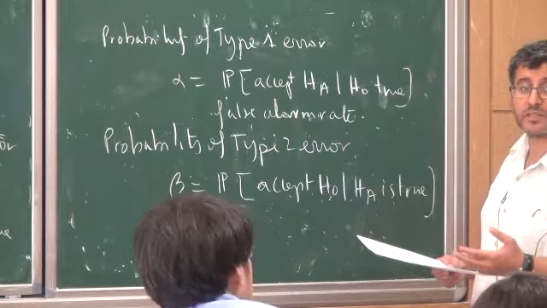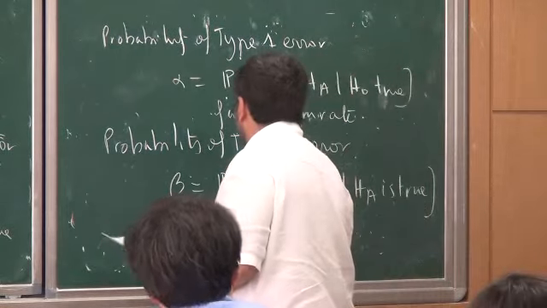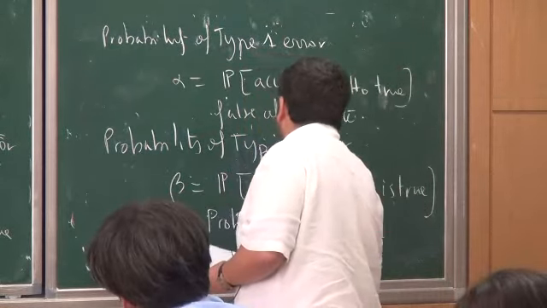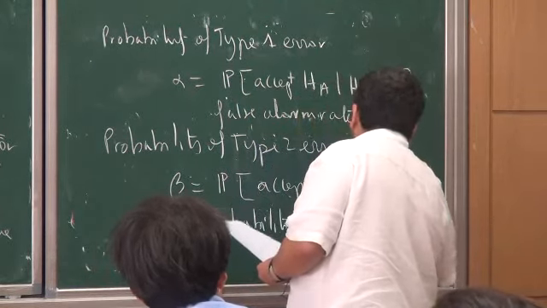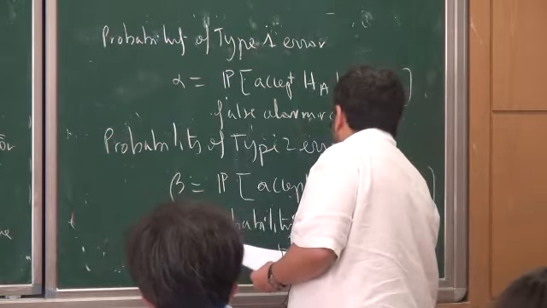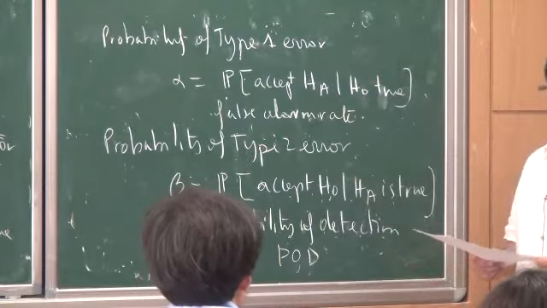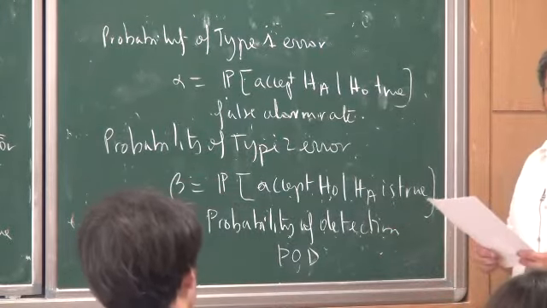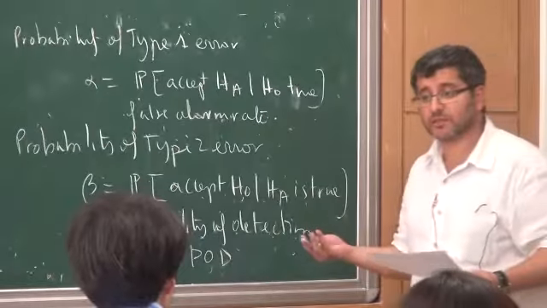And this measures the success of the test. People call 1 minus beta the probability of detection, POD. What we want is to maximize this probability of detection for a given false alarm rate. We have to give this false alarm rate.